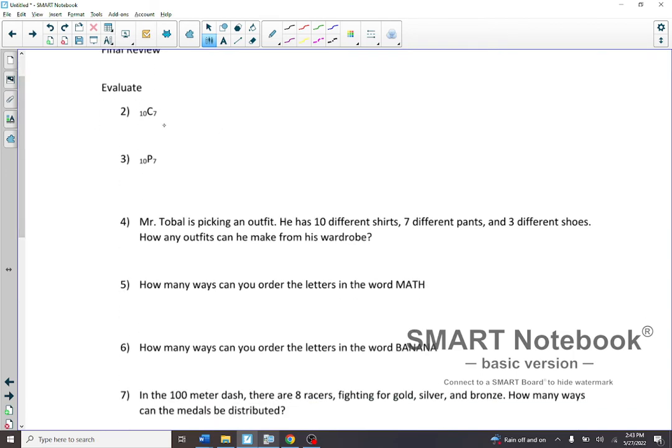Okay, evaluate. You could evaluate this by hand, which is 10! over (10 minus 7)!, 7!, which is going to be 10 times 9 times 8 times 7!, over, remember this is the same thing as 3!, 3 times 2 times 1 times 7!.